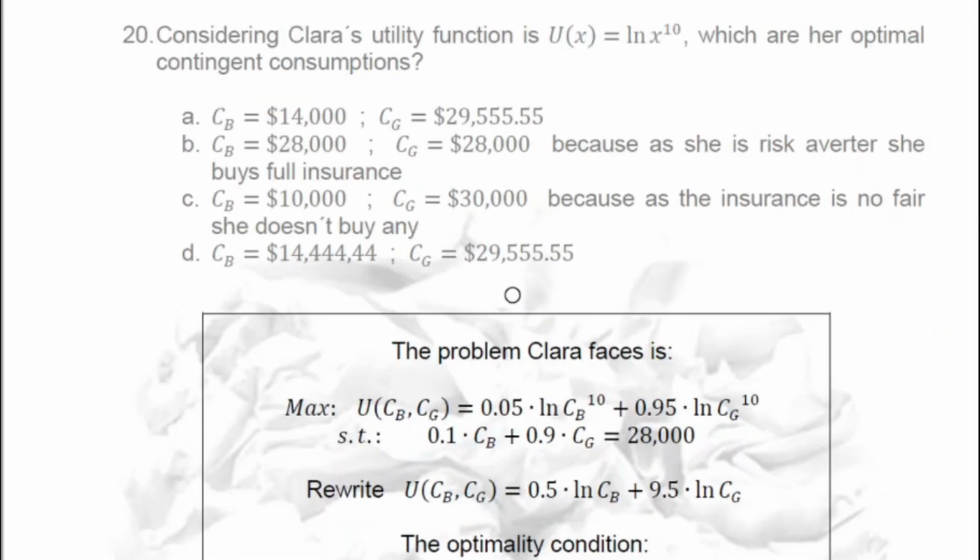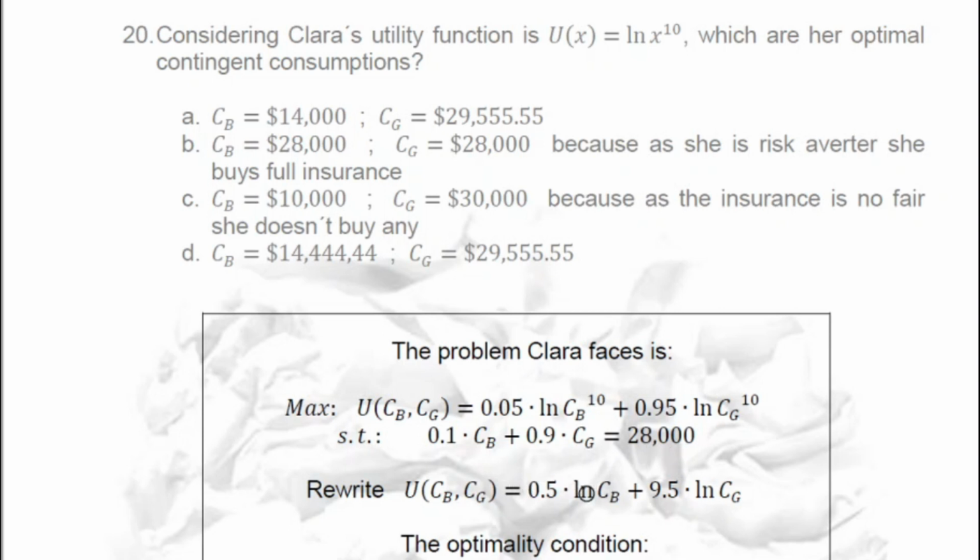Now the problem Clara faces is to maximize the utility of a lottery, or this expected utility: 0.05, the probability of the bad scenario, times the logarithm of CB elevated to 10, plus, of course, 0.95 times the logarithm of CG elevated to 10. Then subject to 0.1 CB plus 0.9 CG equal to 28,000.